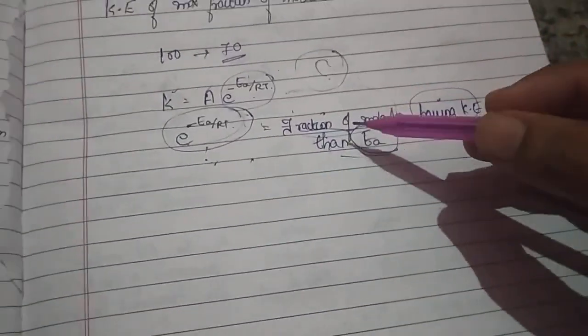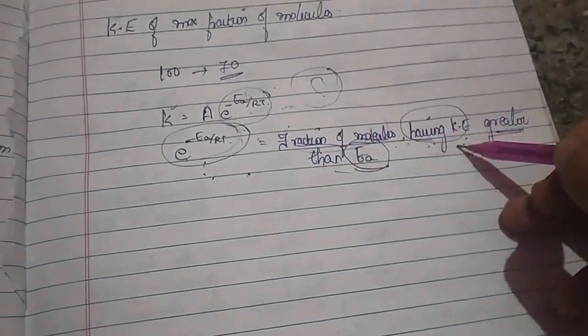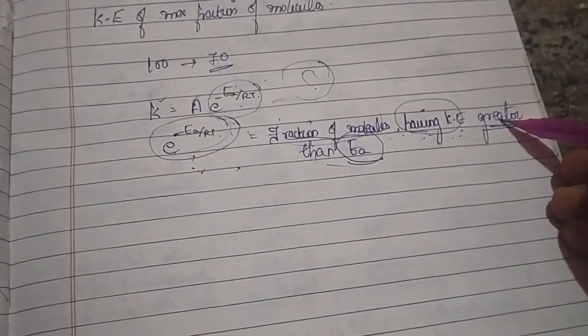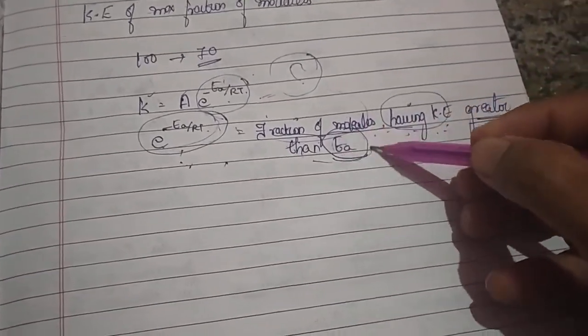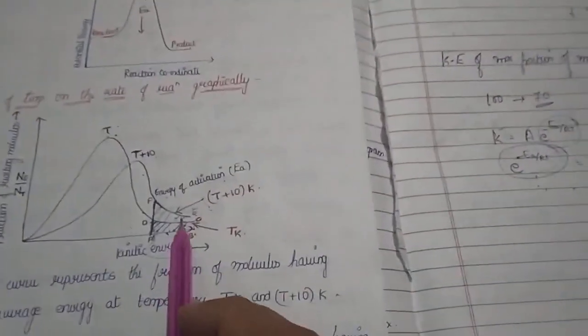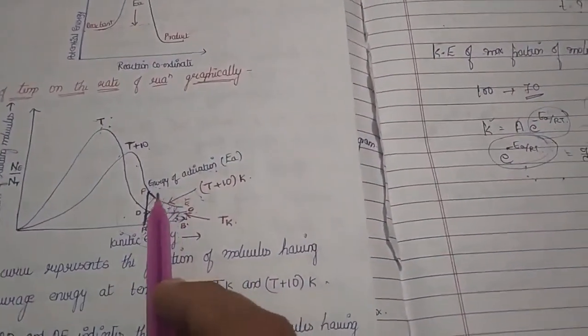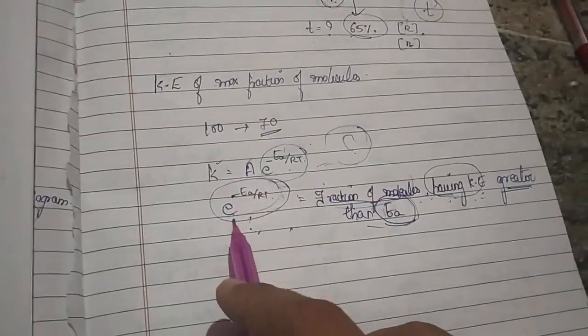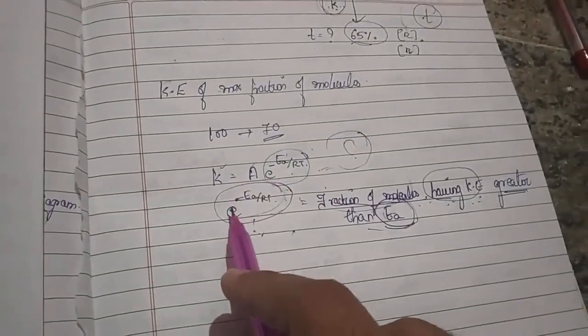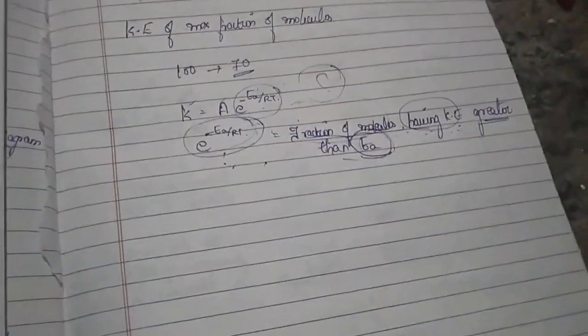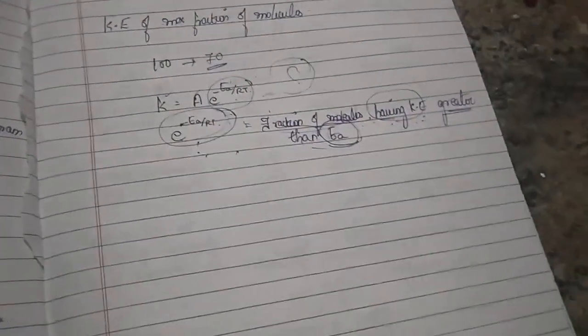It mainly indicates the fraction of the molecules having kinetic energy greater than the activation energy. That is whatever we are saying area-wise, that is mainly explained in the Arrhenius equation by the exponential term, that is e to the power of minus Ea by RT.